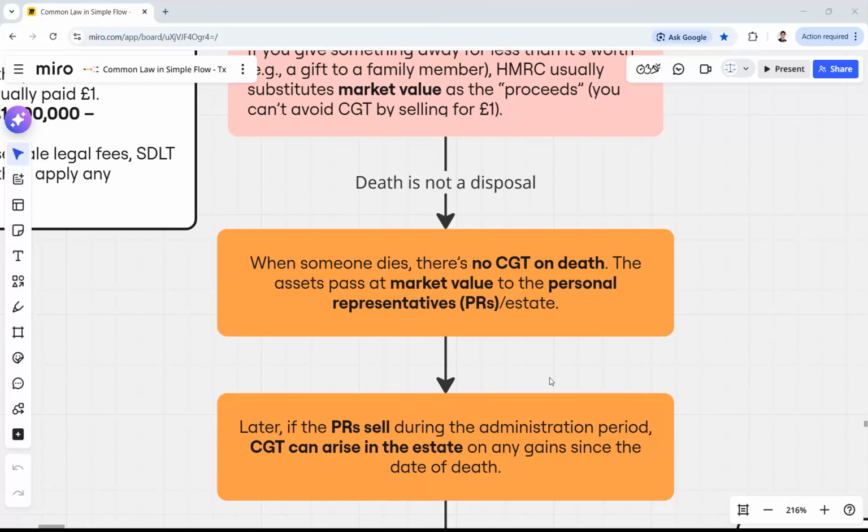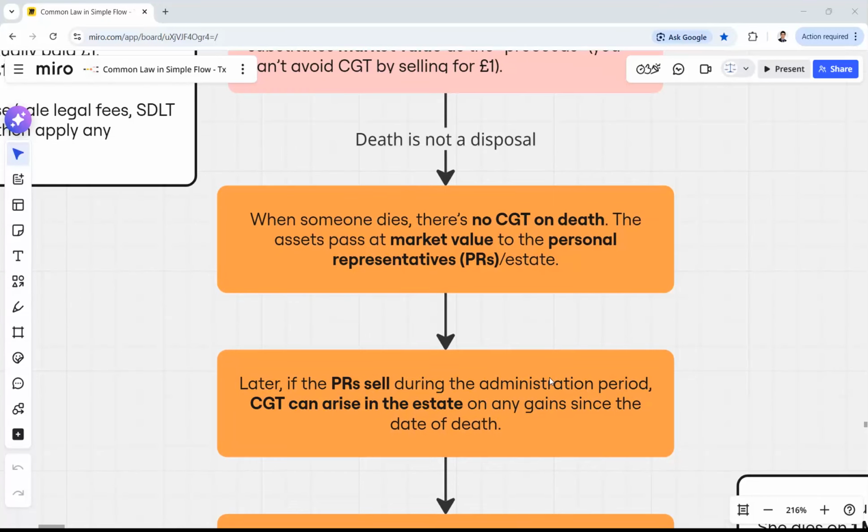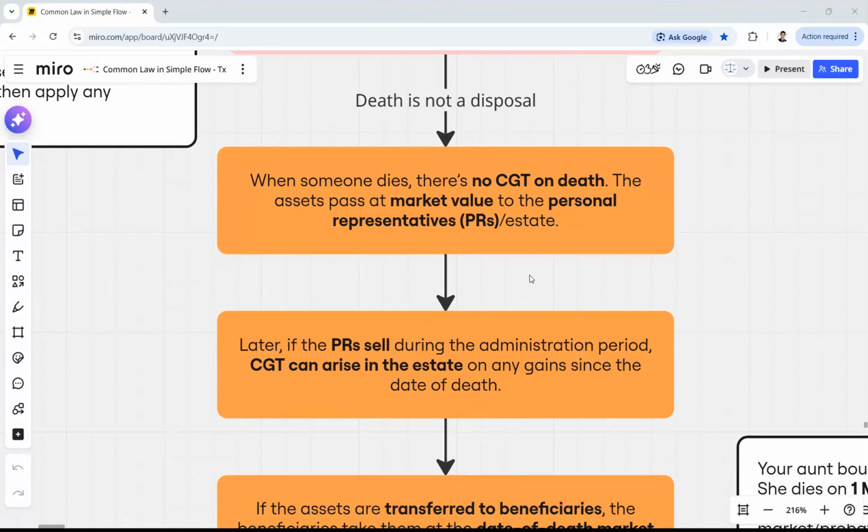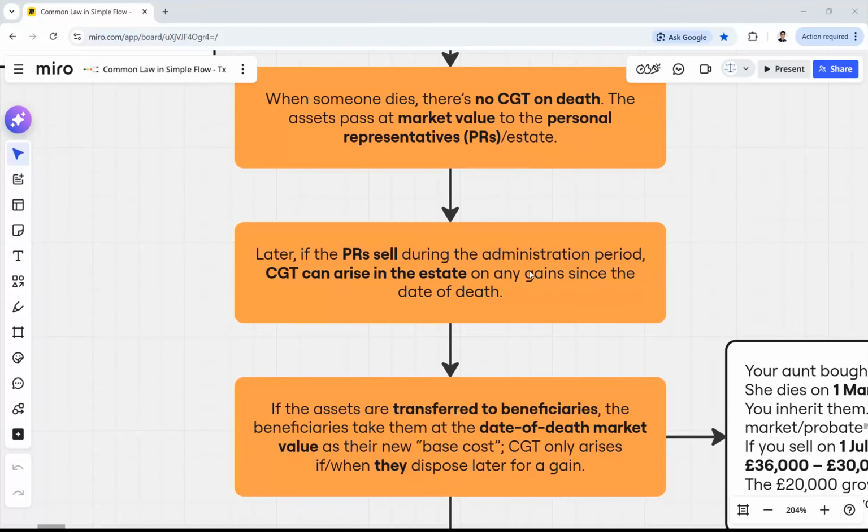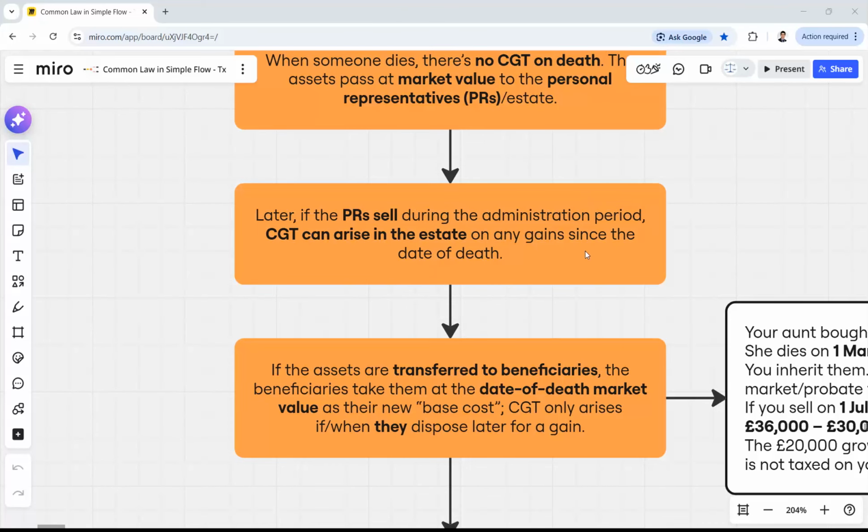When someone dies, there is no CGT on death, no capital gains tax. The assets pass at market value to the personal representative's estate. Later, if the PR sells during the administration period, CGT can arise in the estate on any gains since the date of death.